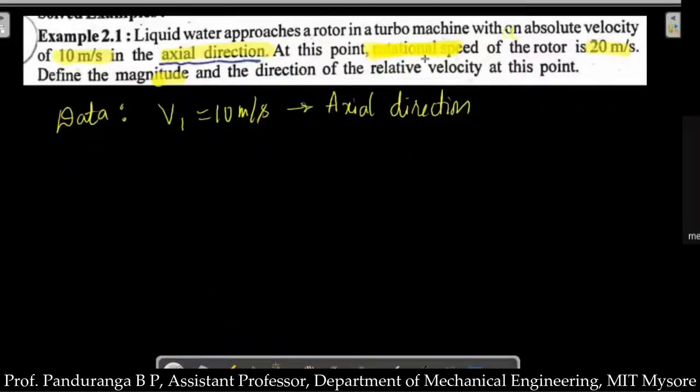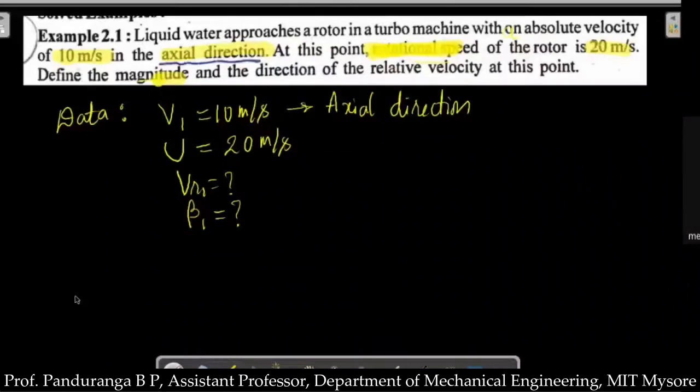Then we have the rotational speed, that is u. U will be equal to, or you can call it u1 because we don't know whether it's an axial flow turbine, so u will remain the same at inlet as well as at outlet, and that is 20 meters per second. Now we need to find the magnitude of the relative velocity, that is VR1. It's a very simple problem.